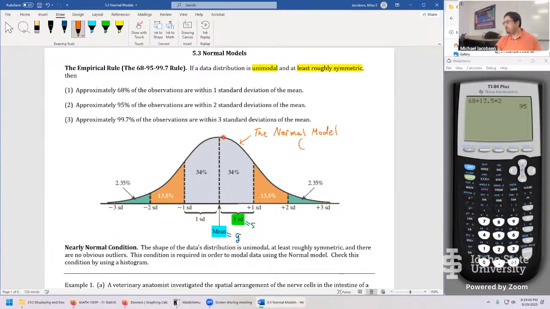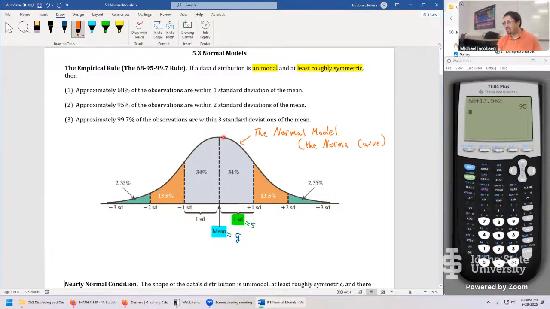Often simply said or called the normal curve. Interesting facts about the normal curve: it goes to the left and to the right forever, so it has an infinite extent. Let's maybe put it over here on the right.